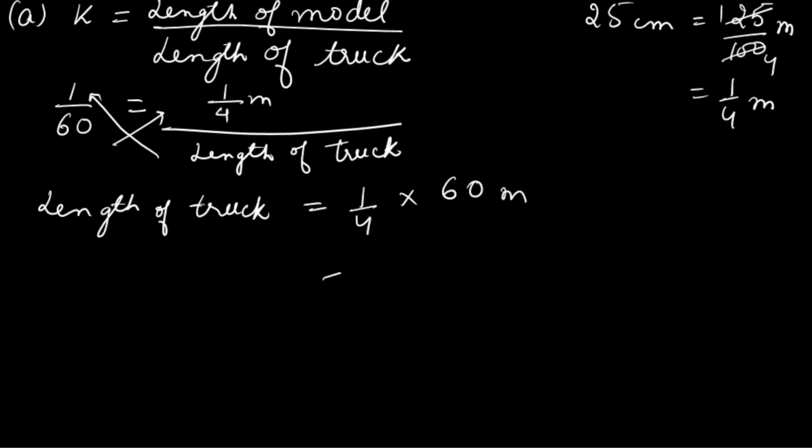It will be in meters. So how much will it be? 60 divided by 4. So length of truck is equal to 60 by 4, just convert into decimals or mixed fractions. Better to convert into a mixed fraction.